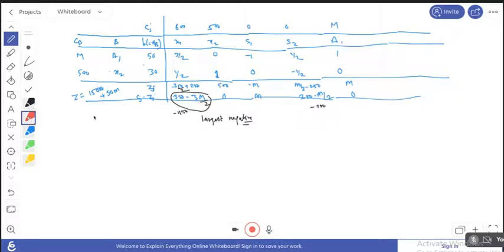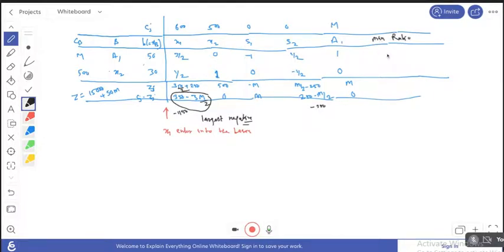Okay, so this means x1 enters the basis. Now, if this enters the basis, to find which one gives you a solution, you have to find the minimum ratio.